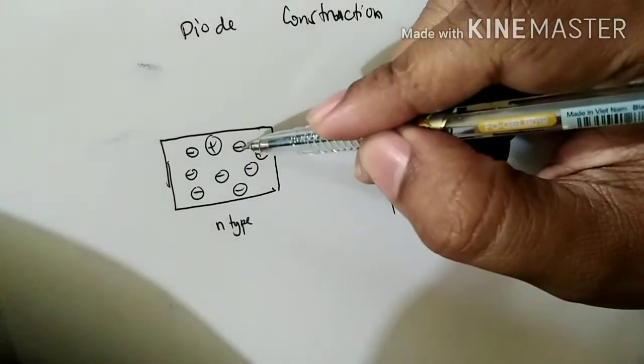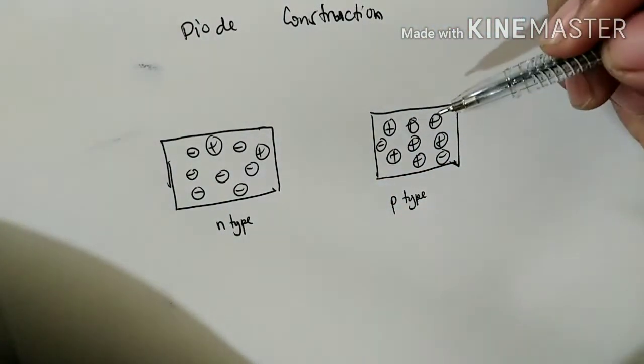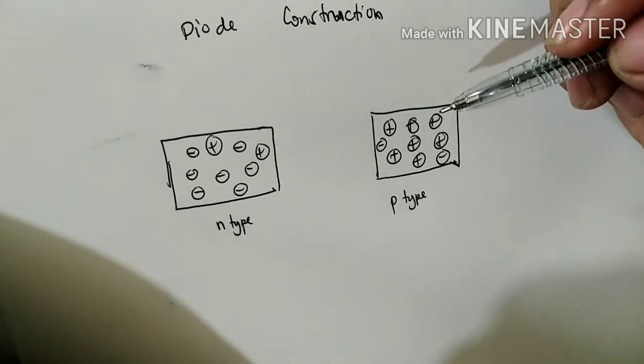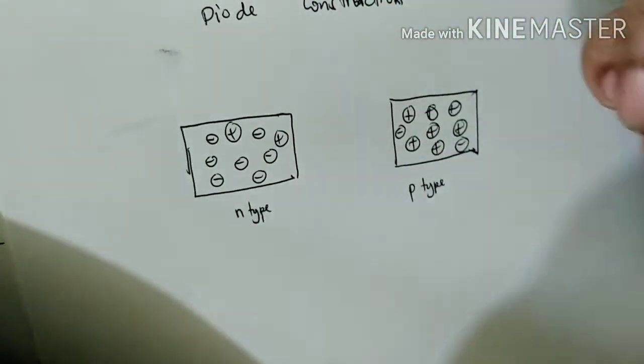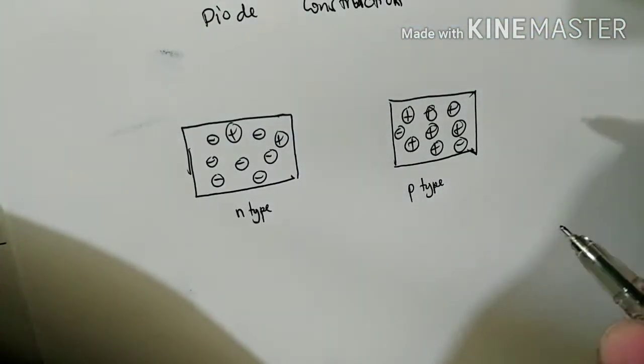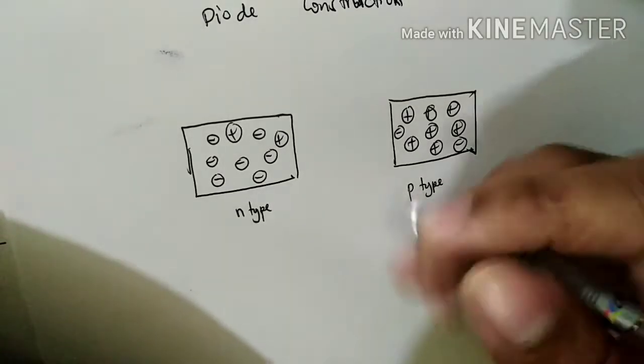The electrons are negative charge, and the holes are a positive charge.